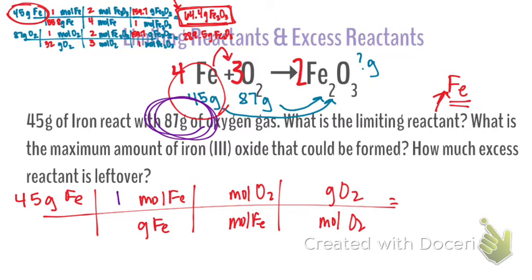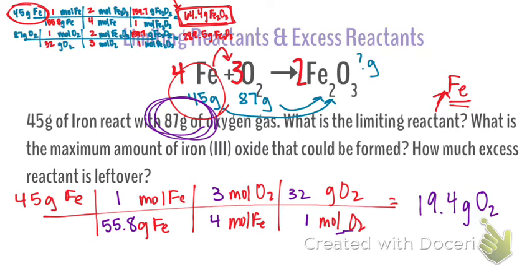So I'm going to go 1 mole, 55.8 grams, 4 to 3, and 1 to 32. So 45 times 3 times 32. And that, for me, gave me a value of 19.4 grams of O2.